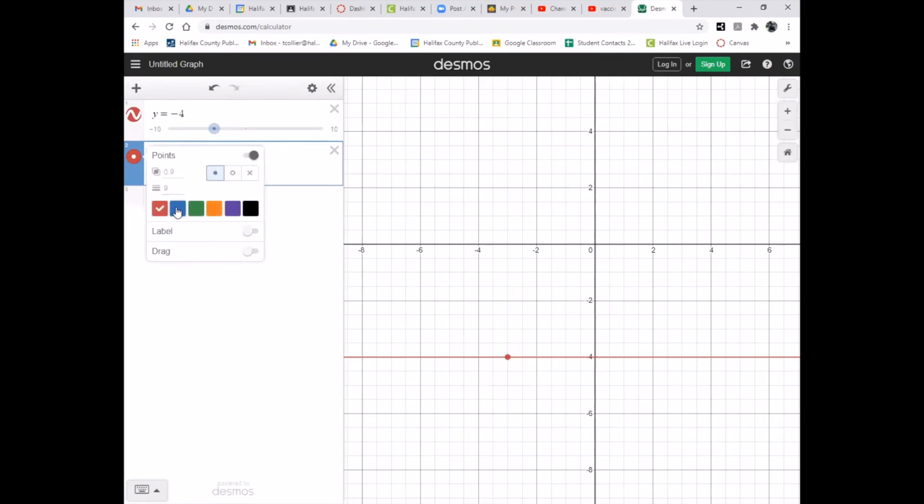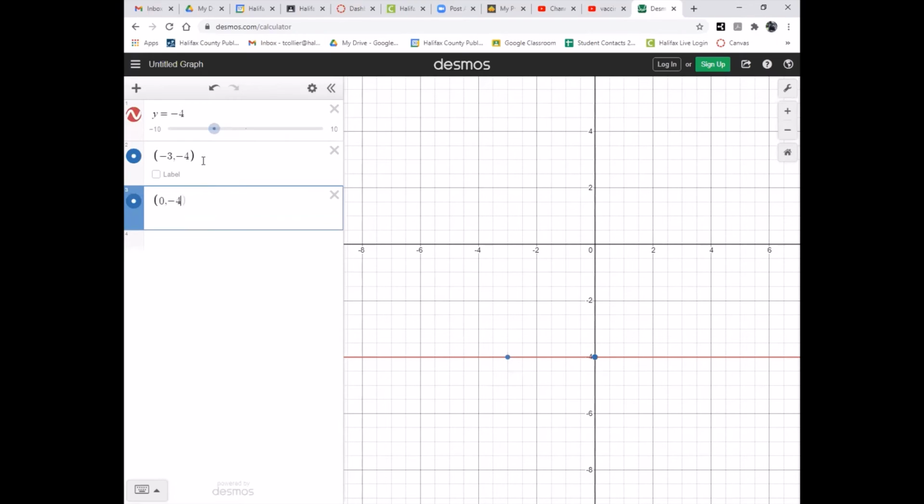I'm going to make that into a blue point. So the line is going to go through that point as well as the other point that they give me. So what was the other point they gave us? 0, comma, -4. That's going to be this other blue point right here. And I'm going to make that green.